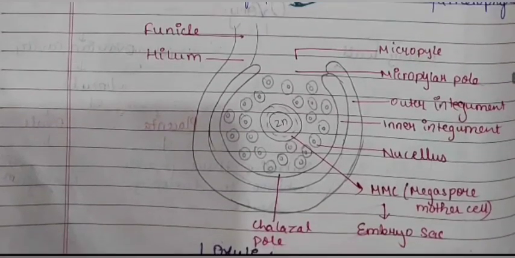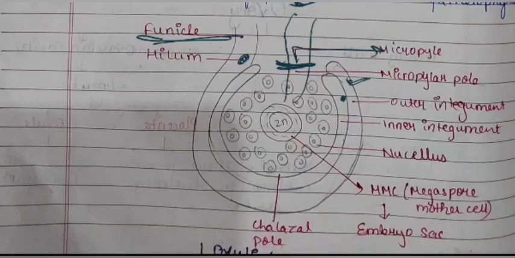This is the funicle, okay. Next to it is the hilum. This is the outer integument and the inner integument. You can see here the opening, which is known as the micropyle, so that the pollen tube can enter from here, and the chalazal pole is just opposite to the micropylar pole.